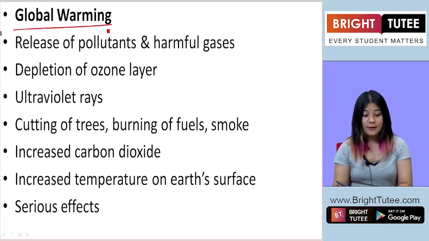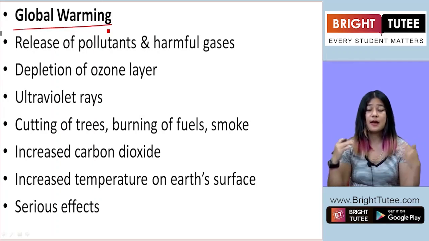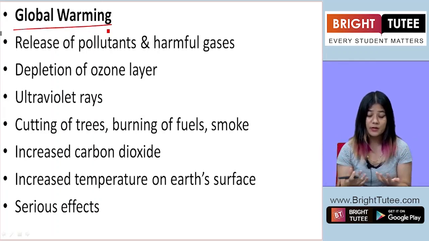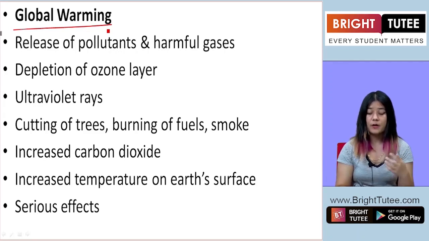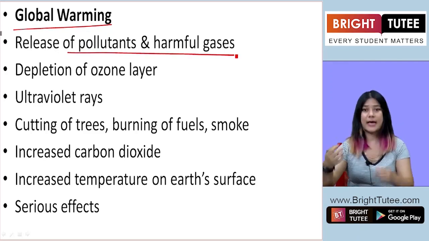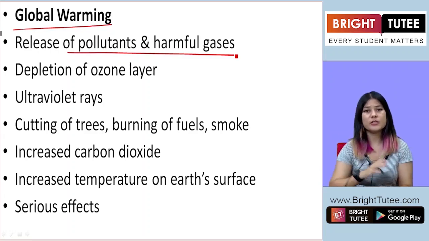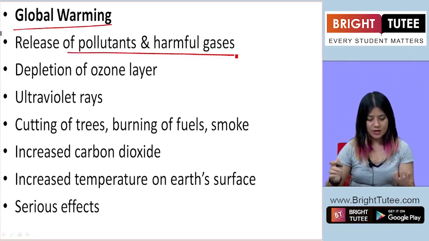Okay, now in our environment, in our atmosphere, there is a release of a large amount of pollutants and harmful gases. Now the atmosphere already has existing gases and dust, etc. Right?